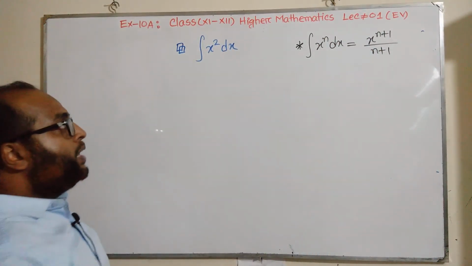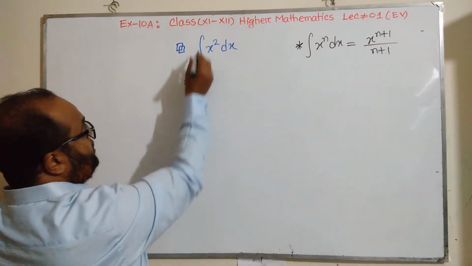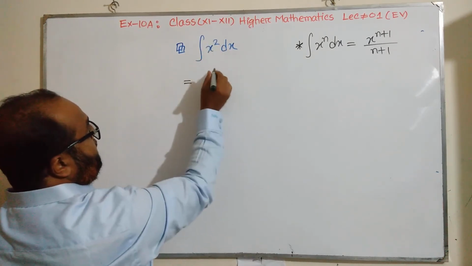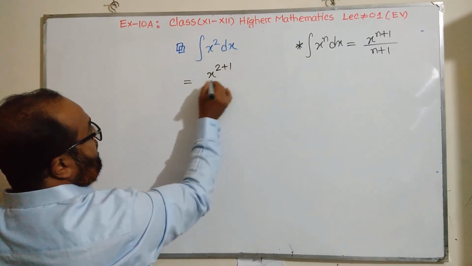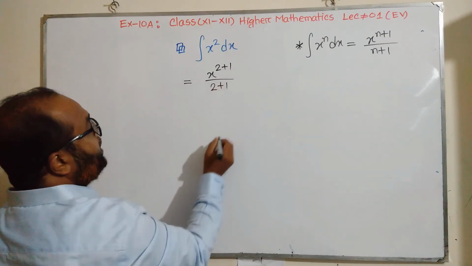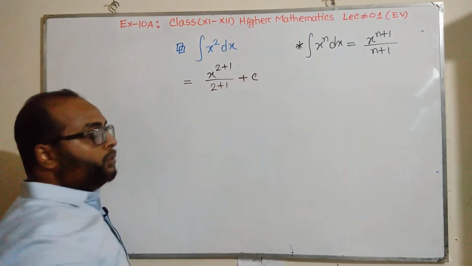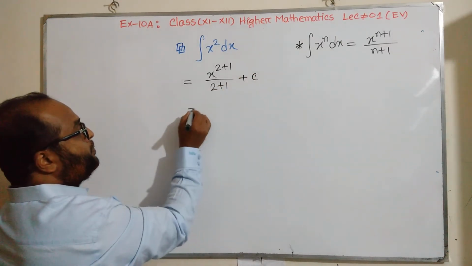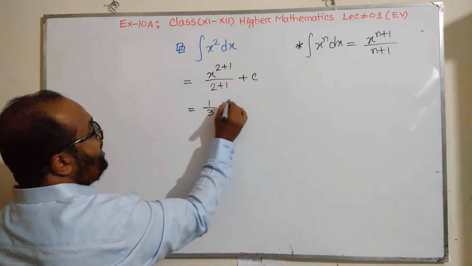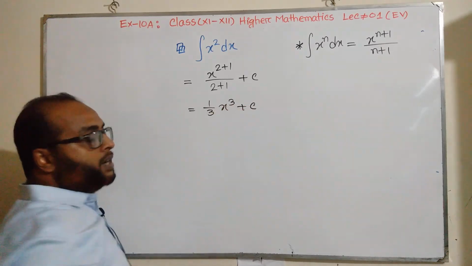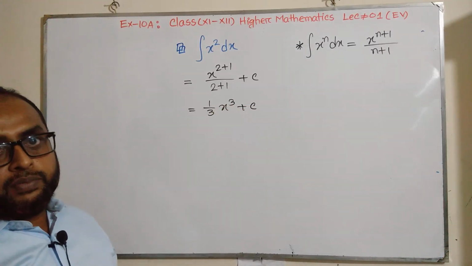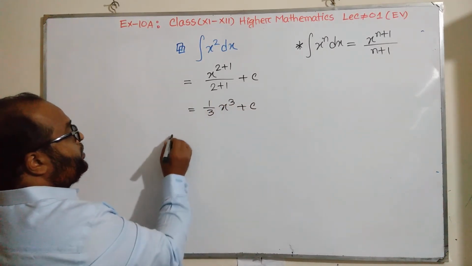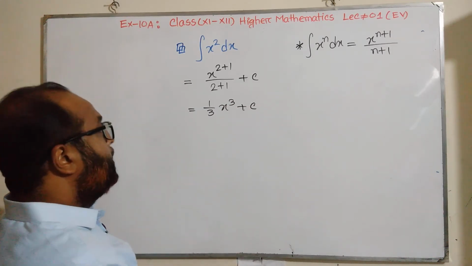Here n equals 2, so 2 plus 1 divided by 2 plus 1, and we also have to write the integral constant c, that means (1/3) x cube plus c. This is the answer of this question.